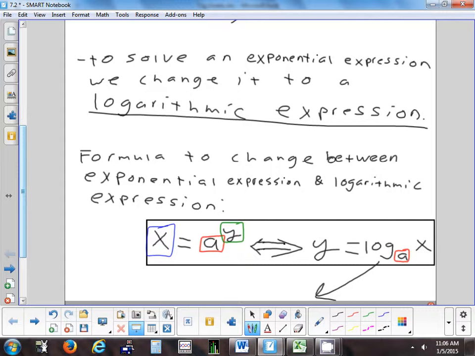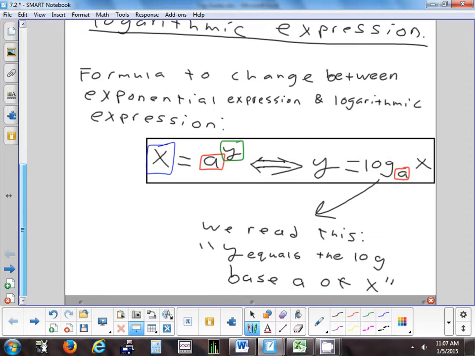That's a base. Whatever your base was in the exponential expression becomes the base on the word log. And in fact, that's how you pronounce what's on the right-hand side. y equals log base a of x. Read it left to right. y equals log base a of x.